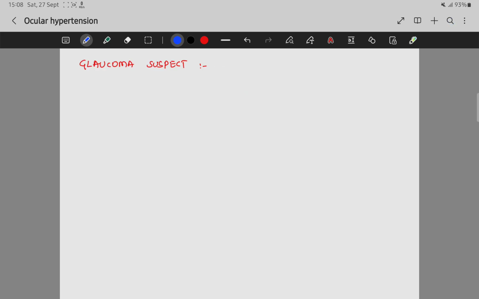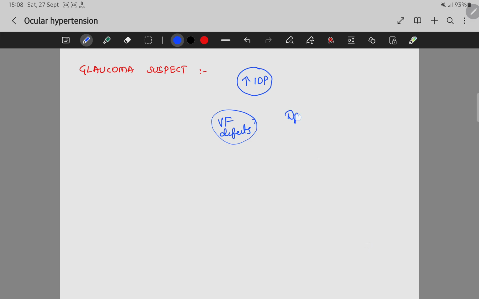Coming to who is a glaucoma suspect. As we said, glaucoma is a triad of raised IOP, visual field defects, as well as optic disc changes, right?